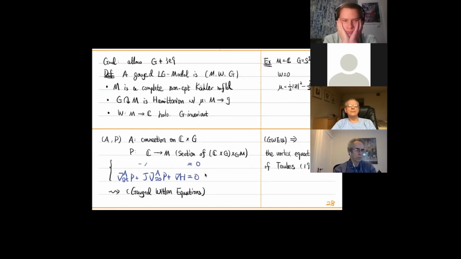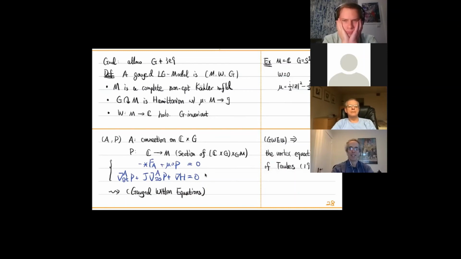There is an additional equation relating the curvature of A with the moment map. This system of equations is called the gauged Witten equations. For this example here, the gauged Witten equations will recover the vortex equations studied by Jaffe and Taubes about 40 years ago, so we understand the properties very well.